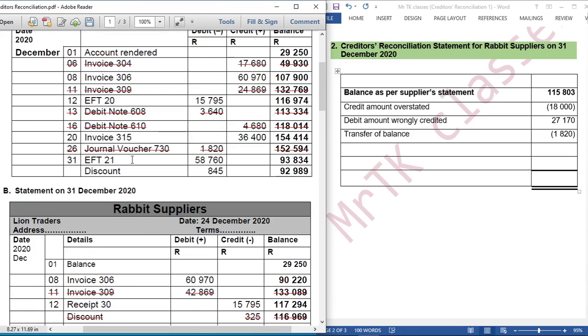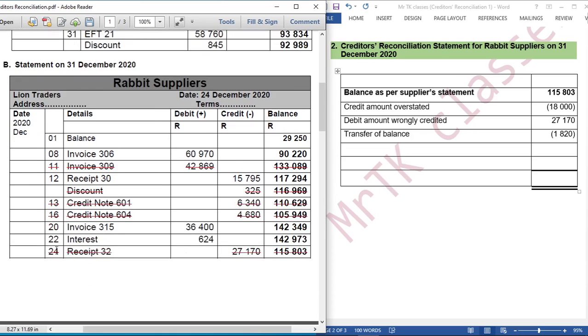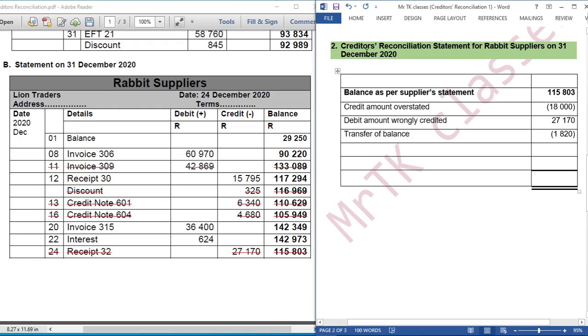All right, so it means there are some other entries, these ones. These transactions happened after the 24th, so they are not on the statement. So we should reflect them on the creditors reconciliation.